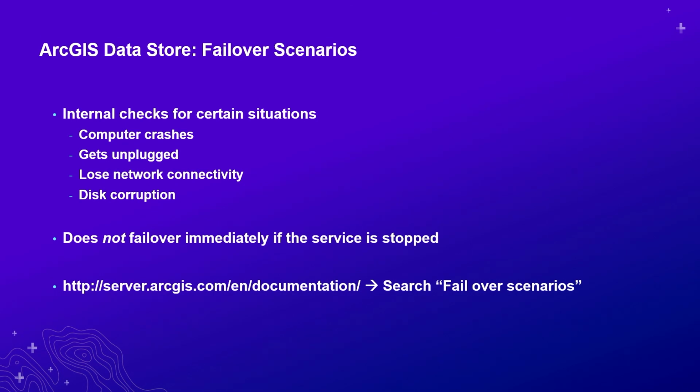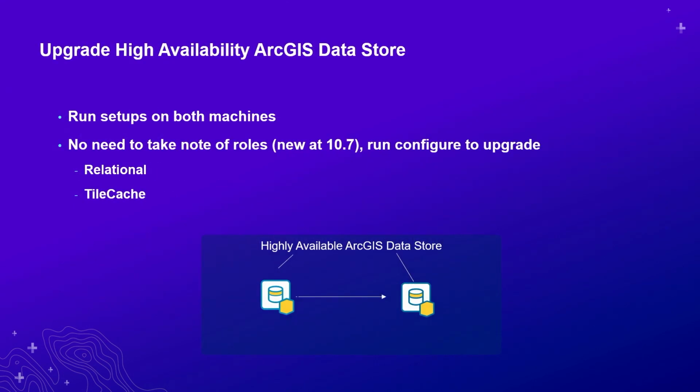Failover does not happen immediately if the Data Store service on primary is stopped. So this is an important distinction between Portal and Data Store failovers. When you're ready to upgrade a highly available data store, you'll run the setup on both machines, and much like Portal, there's no need to take note of roles, which is new at 10.7. You run the configure data store operation to upgrade both relational and tile cache data stores.